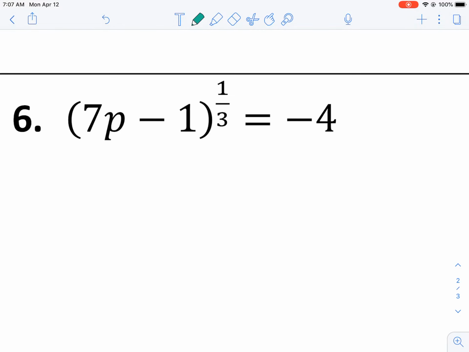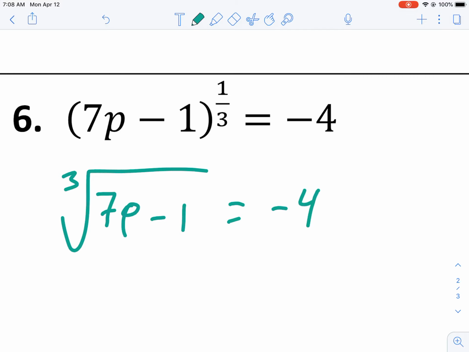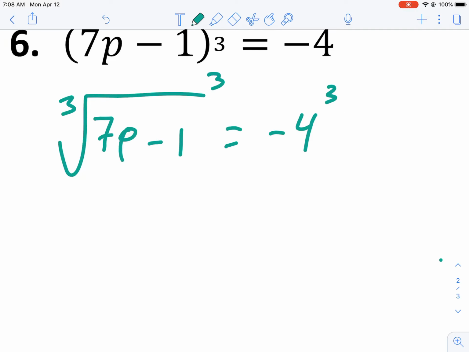If there's this fraction exponent, remember from the very first lesson of this unit, a fractional exponent means a radical. So since this is a 3 on bottom, this is just saying the cube root of 7p minus 1 equals -4. If you want, I would just rewrite it as a radical like this, and then you can just solve it. You solve it the same way, cube both sides. 7p minus 1 equals -64, I think.